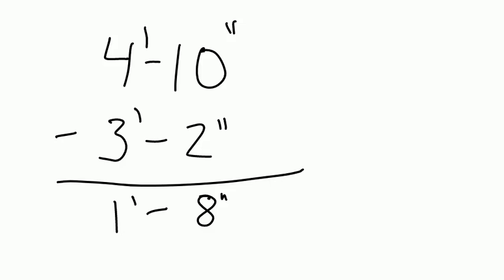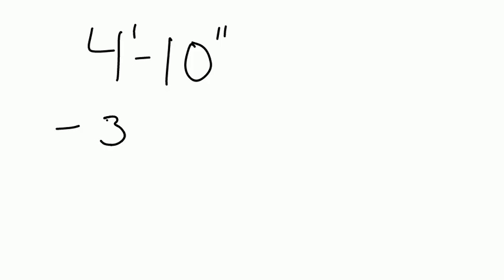Now, this works well when the number that you're subtracting is less than the number up here. But what happens when the number on the bottom is greater than the number on the top? So let's try this again. If we have 4 feet 10 inches minus 3 feet 11 inches.